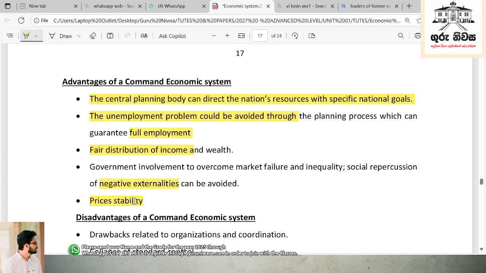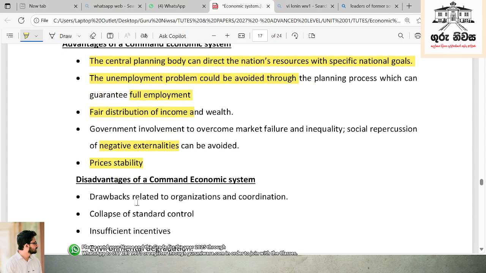That much price stability there. Why? The government decides everything, right? But when it comes to the market economic system, price stability is not there. There are so many fluctuations in the price level. Today one price, tomorrow another price, because prices are determined by market demand.